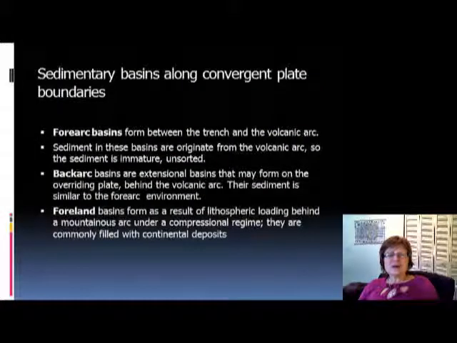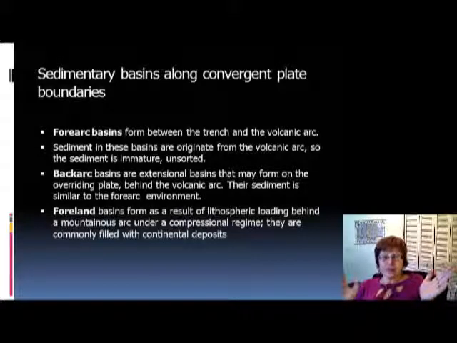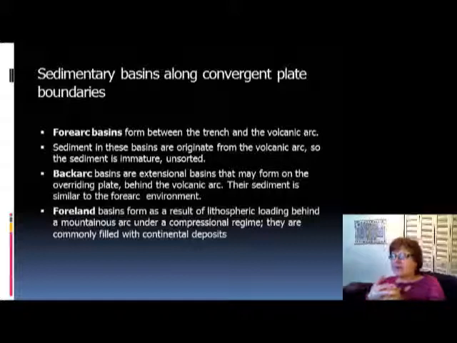Okay, so now we're going to talk about the sedimentary basins along the convergent plate boundaries. We just mentioned the forearc basin, and if you think of the forearc basin, it is right in front of the volcano, and then you have the trench right there, which is very, very deep ocean.